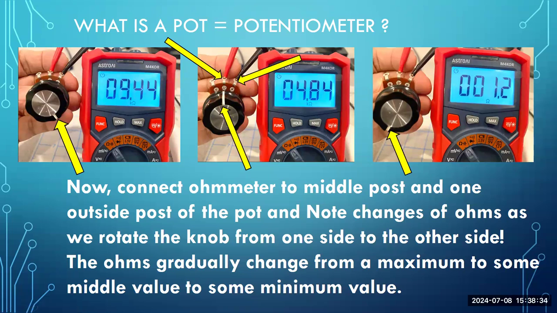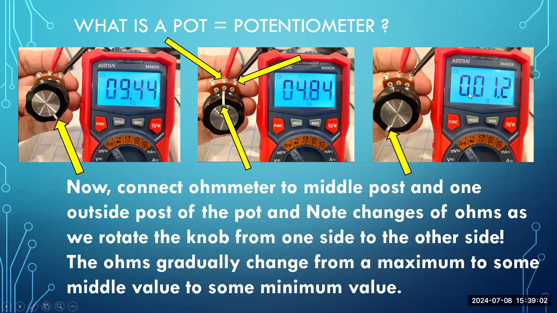And if I continue rotating, still leaving the hooks as we did, the red in the middle and then the black on one of the outside pins, as I rotate to the other extreme, it goes to show my ohms going all the way down to a minimum. And in this case, it could go less than 1 ohm, but I happen to have this dialed in at 1.2 ohms. So as you can see, there's quite a bit of difference between 1.2 versus 9,440.